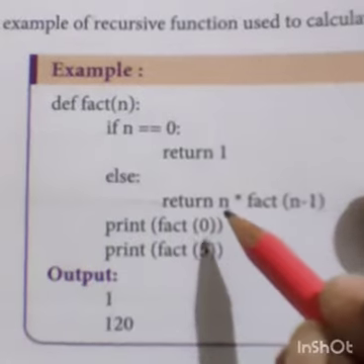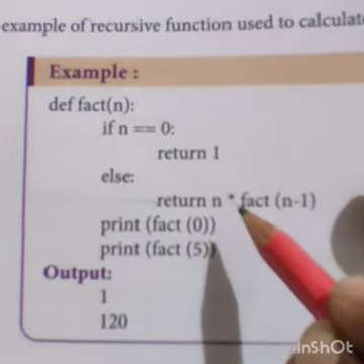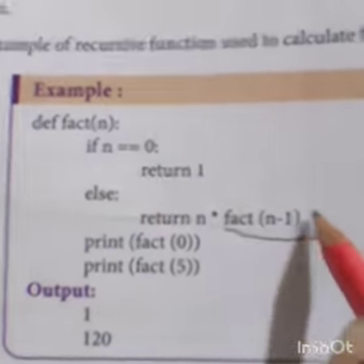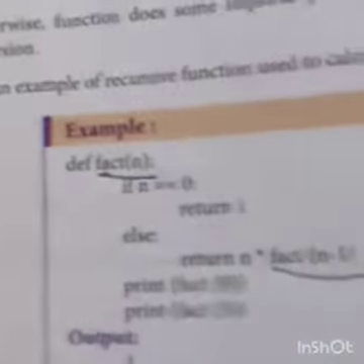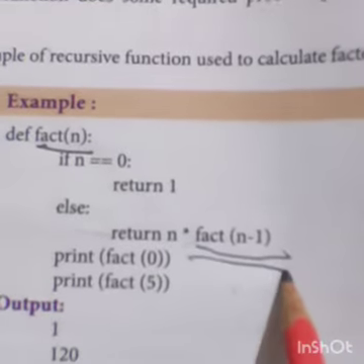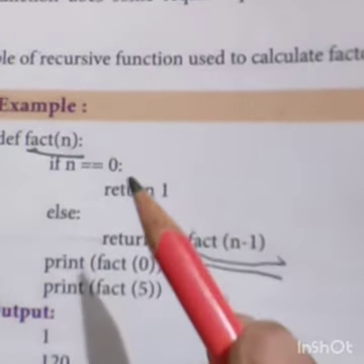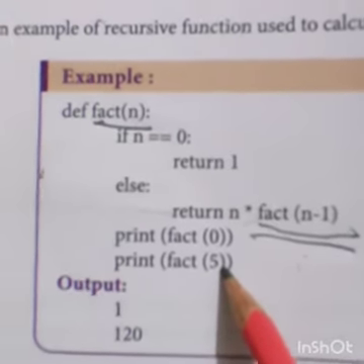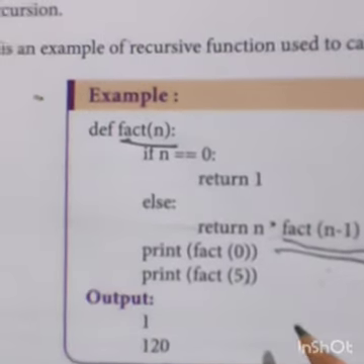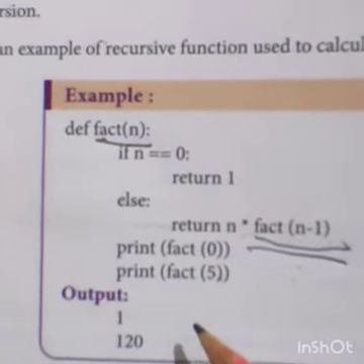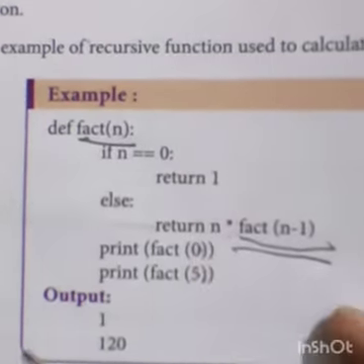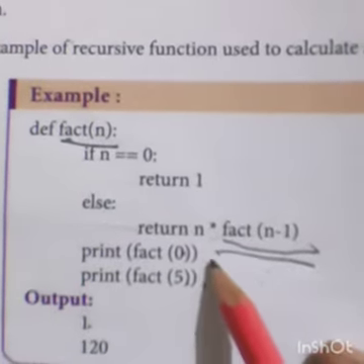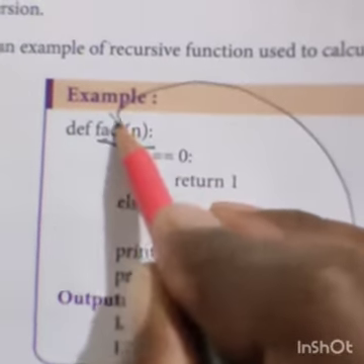Else, return n asterisk fact of n minus 1. Fact of n minus 1 is the function name also. Here also, there also. So when a function name appears inside the function itself, that is a recursive function. How does this function work? For 0, 1 will come. For 5, 120 will come.